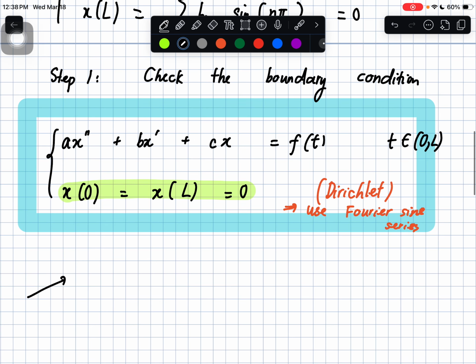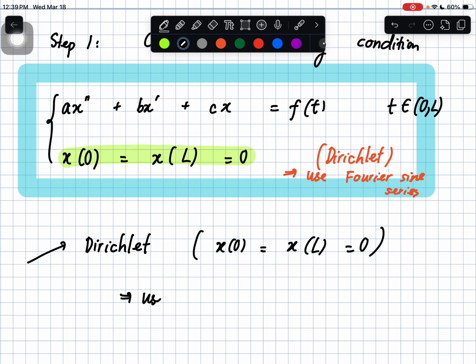If we have Dirichlet, this means x at 0 equal to x at L equal to 0, and we use Fourier sine series.